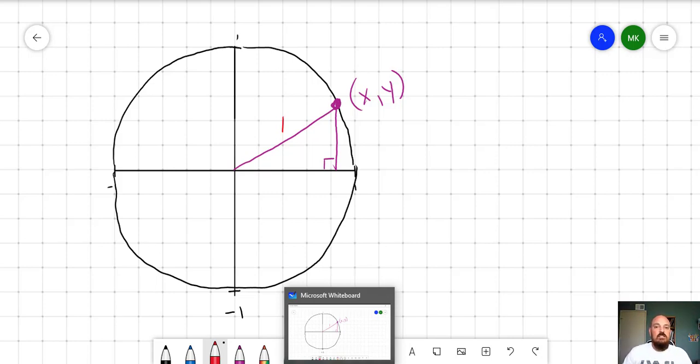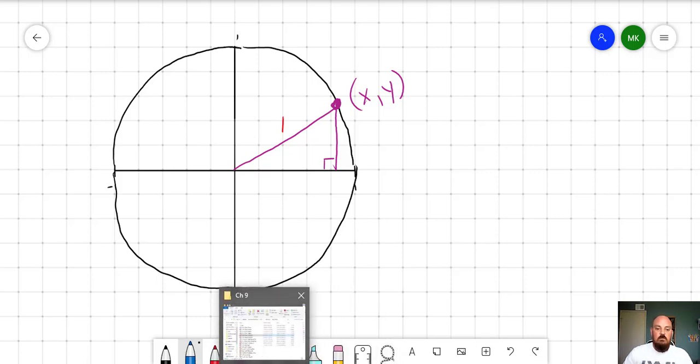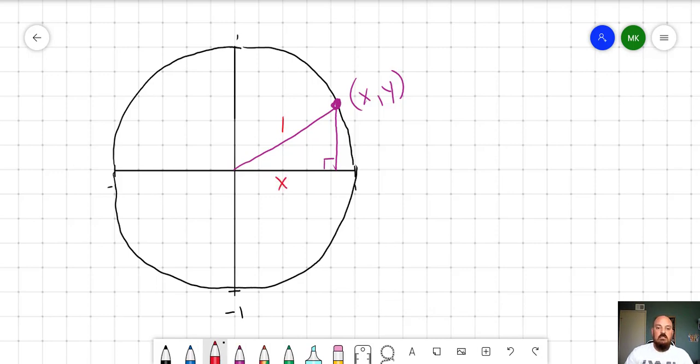So if that point is x, y, what that means is I've gone over x, that would be the bottom of the triangle, and up y, that would be the right side of the triangle. So we have a right triangle where the three sides are 1 for the hypotenuse, x for that horizontal side, and y for the vertical side.